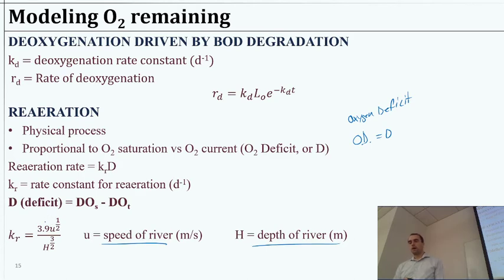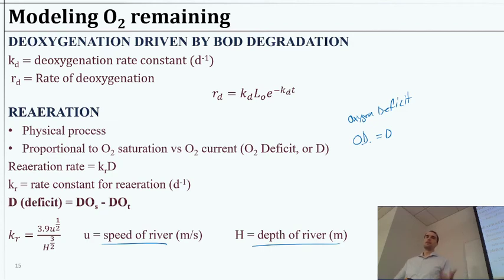Empirically, researchers have found that if you take the speed to the 1/2 power, multiply that by 3.9, and then divide that by the depth to the 1.5 power, that gives you your Kr. Okay, so it's an empirical value. They tested lots of streams and rivers, measured their speed, measured their depth, and said, okay, well, there's some relationship, right? The faster it is, the more reaeration.